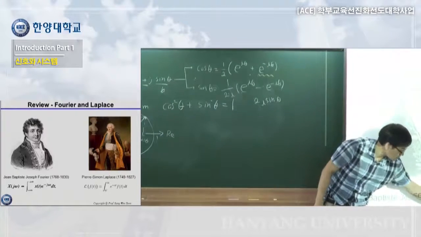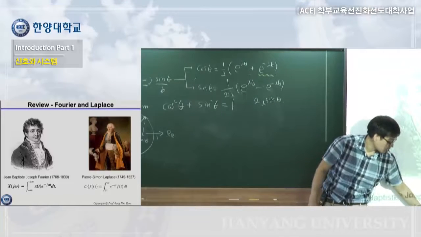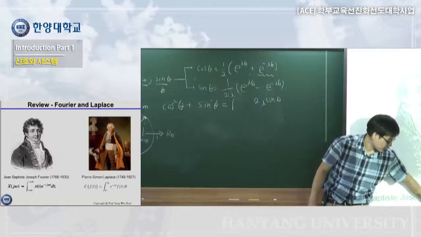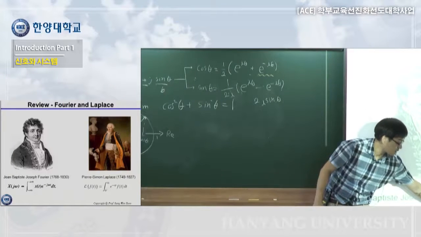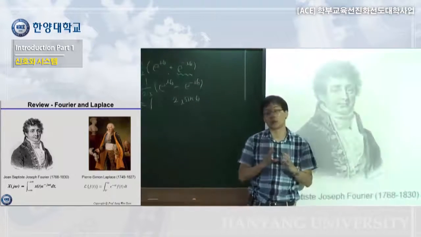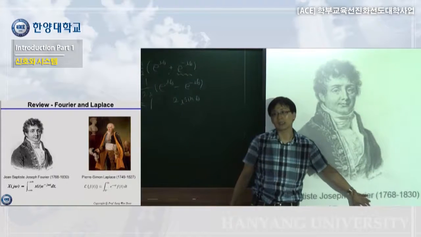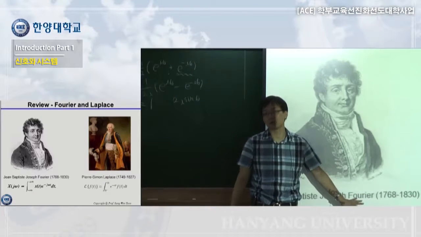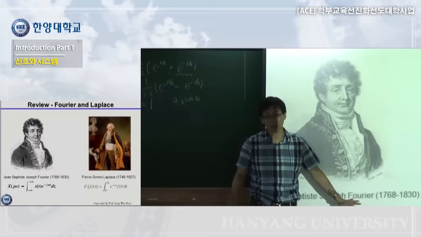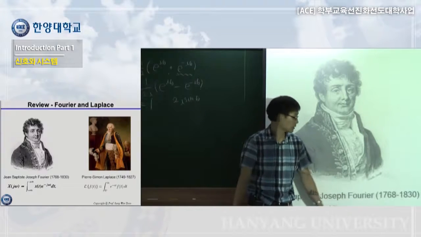You'll find them in here. Let's forget this minus. j, which is the imaginary number, and omega t is theta. So this one is utilizing, or similar to, Euler's formula, e^(jx).